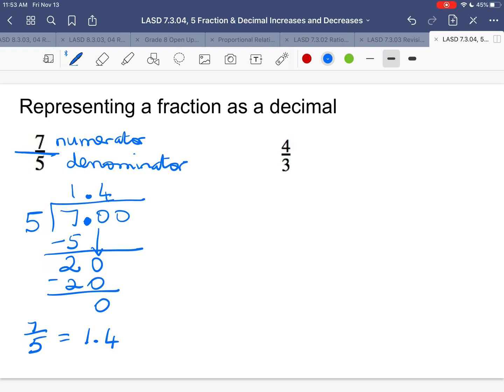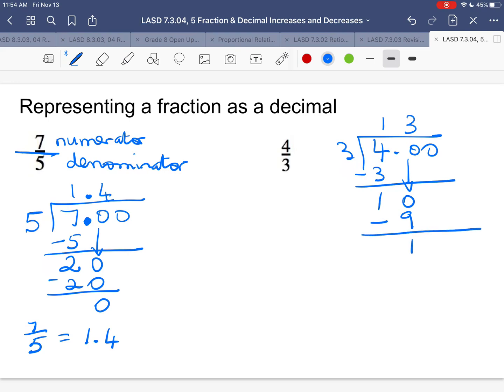Put it here. So 7/5 is equal to 1.4. And let's do it with 4/3. Same thing. Let's divide the numerator by the denominator. So 4 divided by 3 is once, so subtract 3, left with 1, bring down a 0. 10 divided by 3 is 3, 3 times 3 is 9, subtract 9, I get 1 again, bring down a 0.